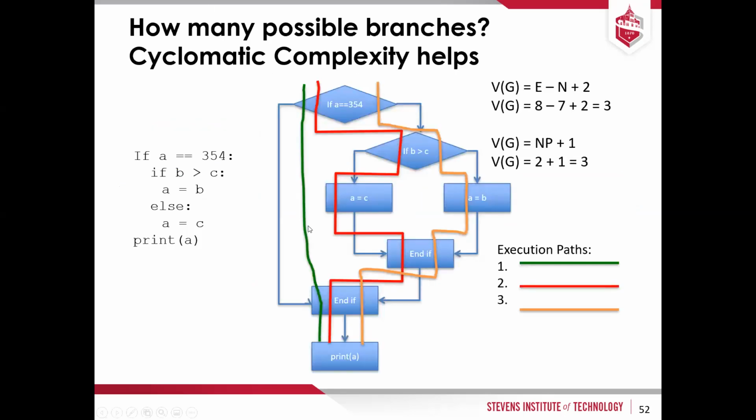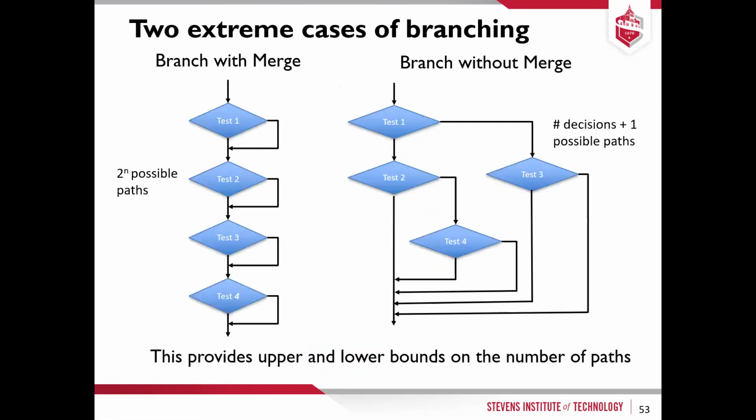For going through the code coverage, we can actually take advantage of the CC, or cyclomatic complexity, that we learned. We learned that the number of nodes and number of edges give us the number of paths, and the number of paths is the minimum number of unit tests that we need to have, right?